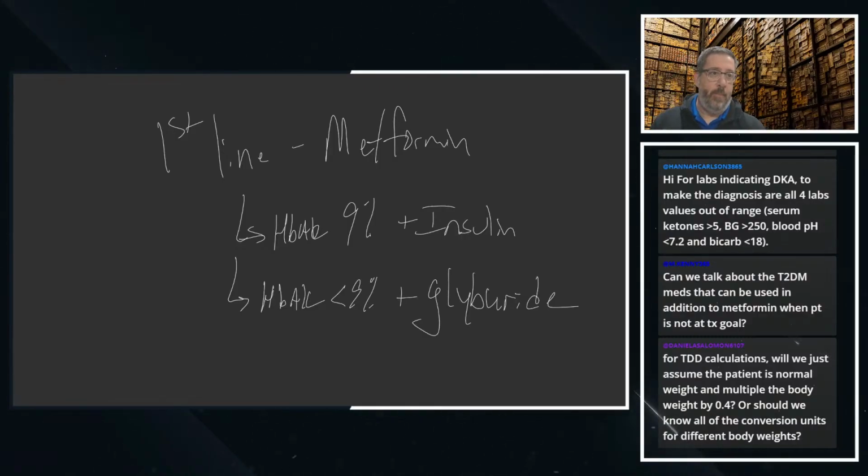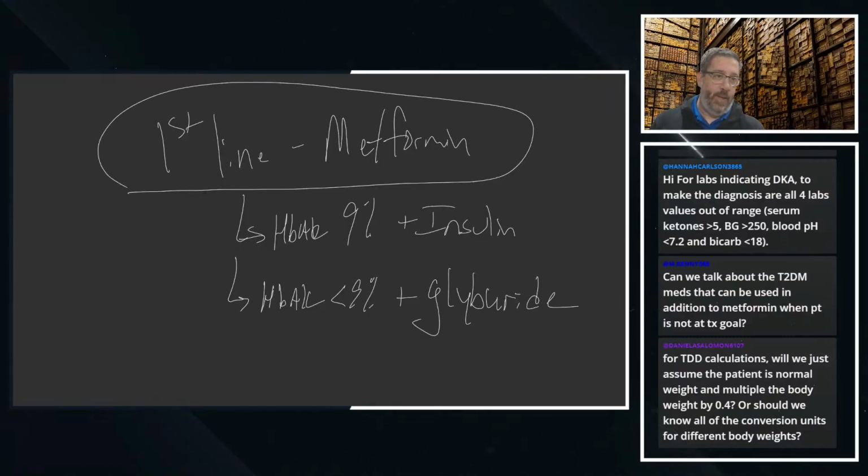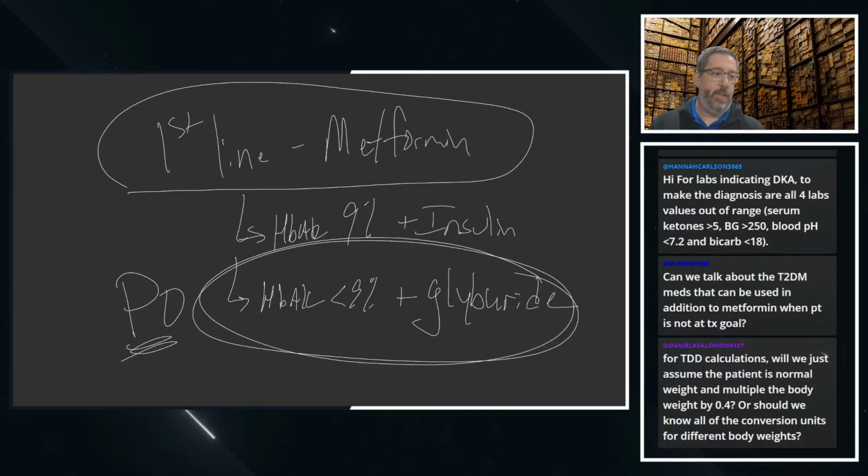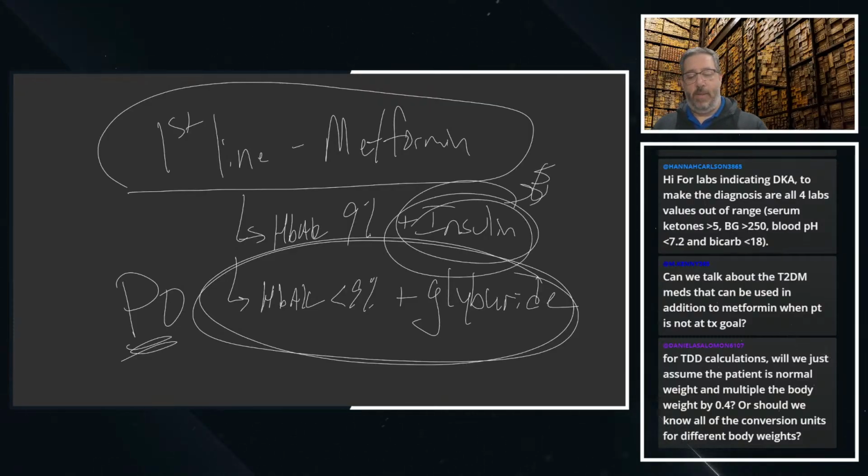If you are in primary care, your goal is just to try and get as much as you can done here, because these are still PO meds. Once you start dealing with insulin, you send them right to endo, and endocrine will take care of all the diabetes management.